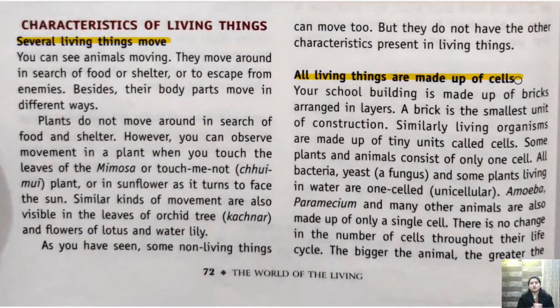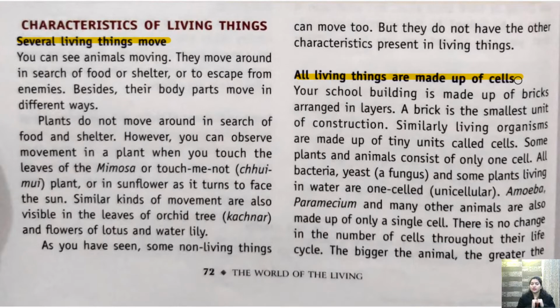So the cell itself is considered to be a living thing. For example, take a wall of your school or your house. You see that the wall is made up of bricks, isn't it? Several bricks are arranged in a systematic manner, and then a wall is made.